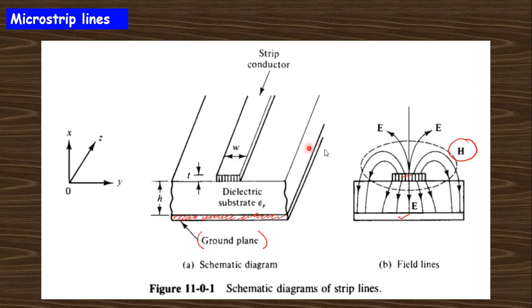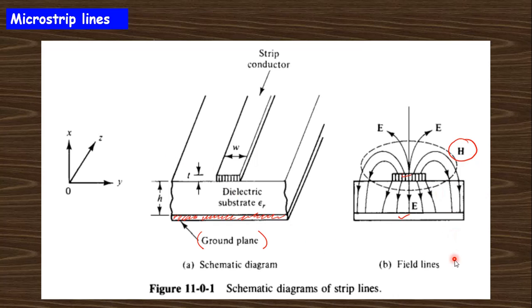If you want to see the electric field lines, they go through the dielectric, and through the air, and then the dielectric. So this is the schematic diagram of a microstrip conductor to transmit the microwave, and we already discussed the different advantages of microstrip lines in this section.